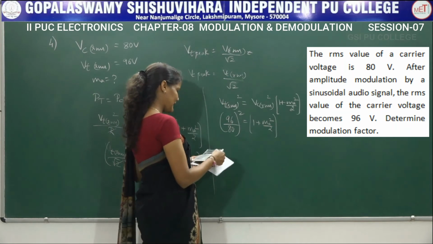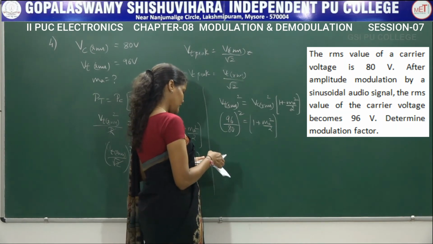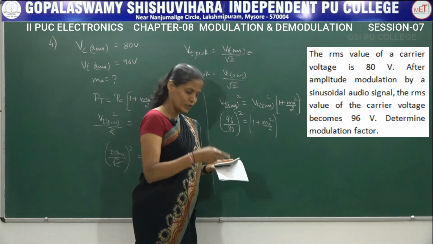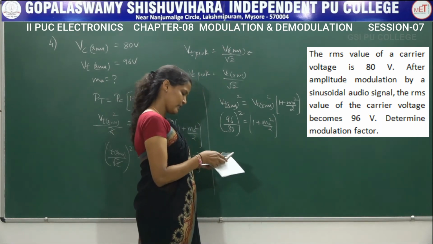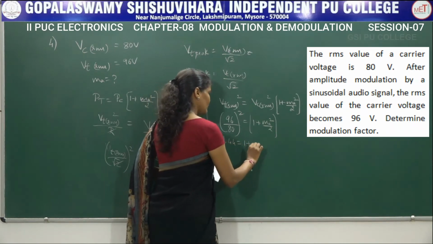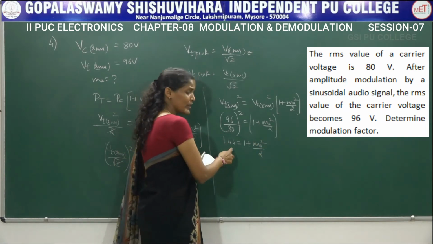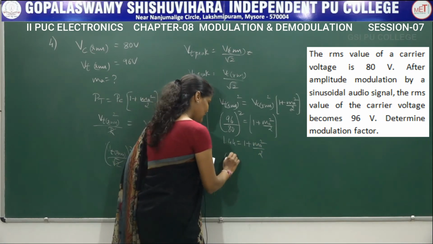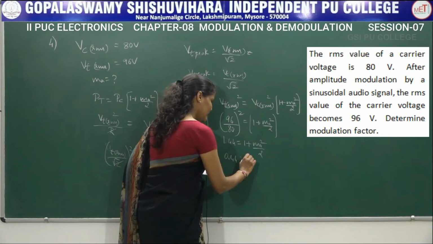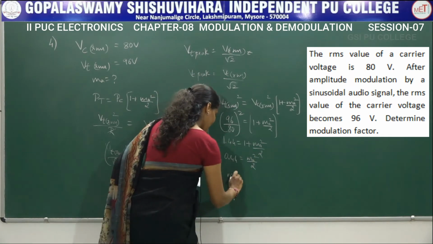So 96 divided by 80 gives me 1.2. 1.2 whole square gives me 1.44, which is equal to 1 plus MA square divided by 2. So 1.44 minus 1 gives me 0.44, which is equal to MA square divided by 2.